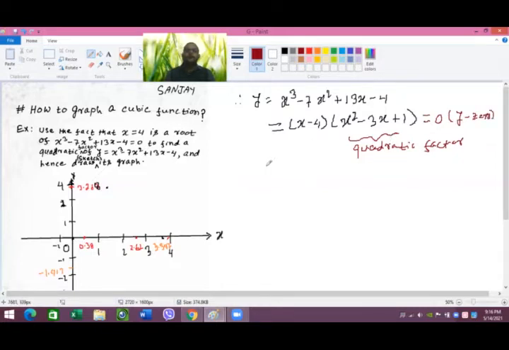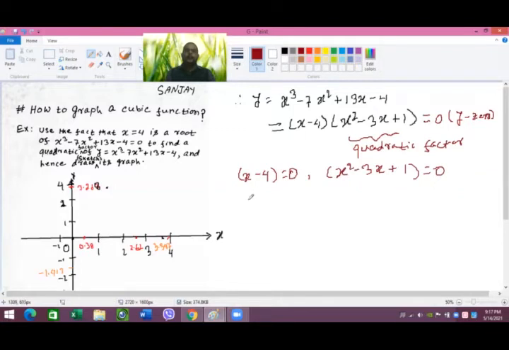So in this case we have two factors: one is x minus 4 equals 0, and another is x squared minus 3x plus 1 equals 0.